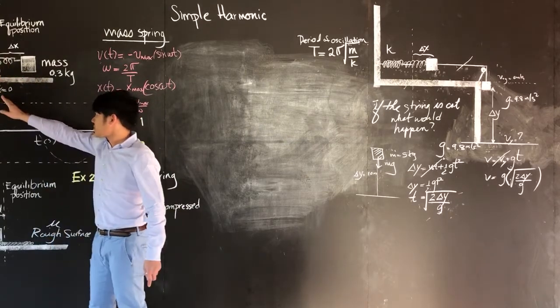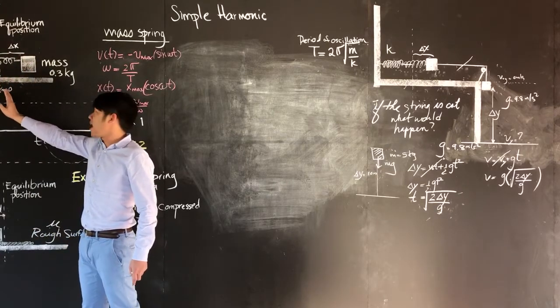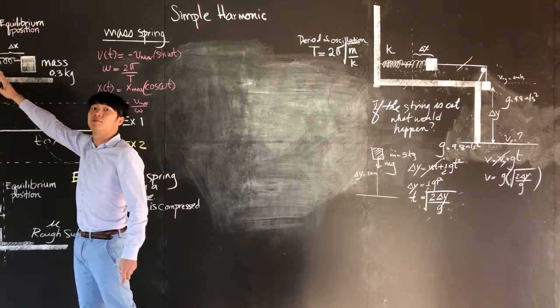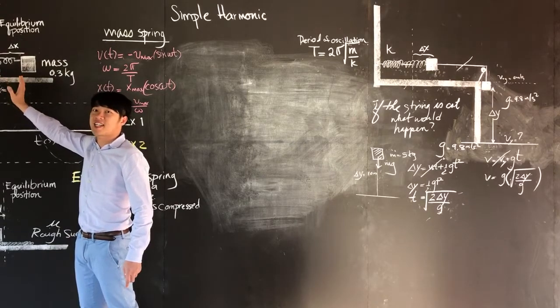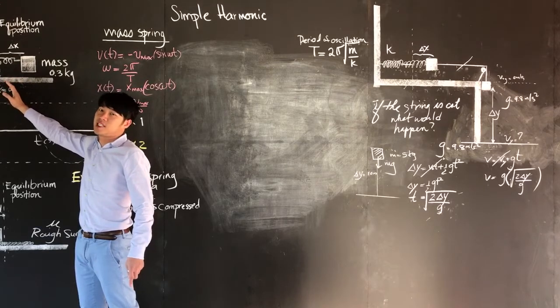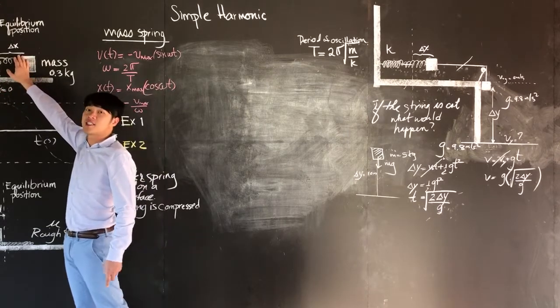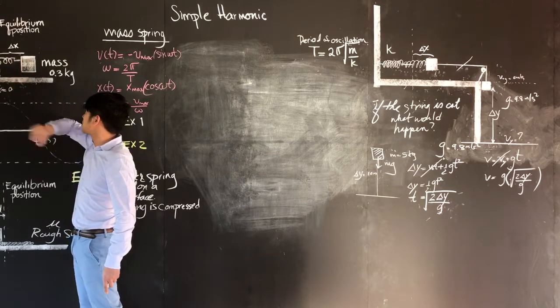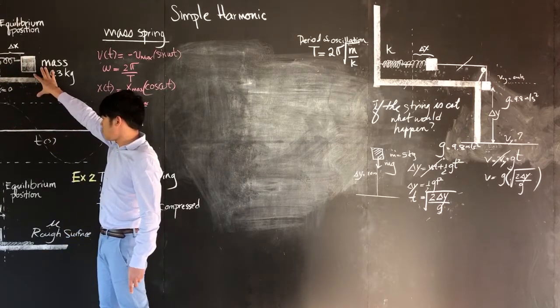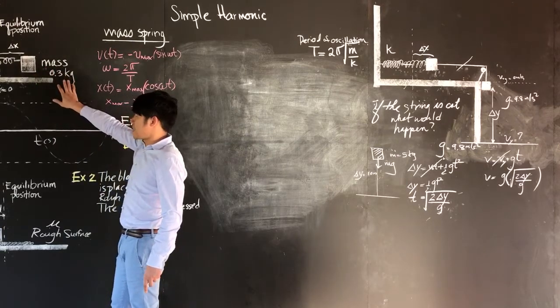So equilibrium position, this is where x is equal to 0. And then the object can be either compressed or expanded. But as you can see, this one, is it compressed or is it expanded? You tell me. It's actually been pulled this way at a certain displacement, which is in meters. So right now we don't know what it is just yet, don't worry about it. All you need to know right now is the mass.